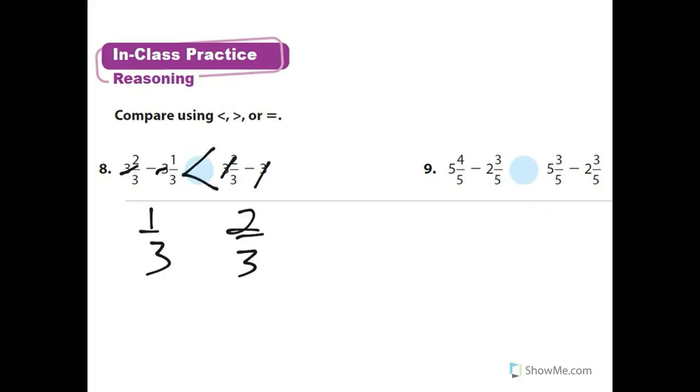So 2/3 is greater. Alright, you try to solve number 9 and we'll go over it. Alright, so we got 3 and 1/5. And over here, we've got 3 and 0/5, or just 3. So 3 and 1/5 is larger.